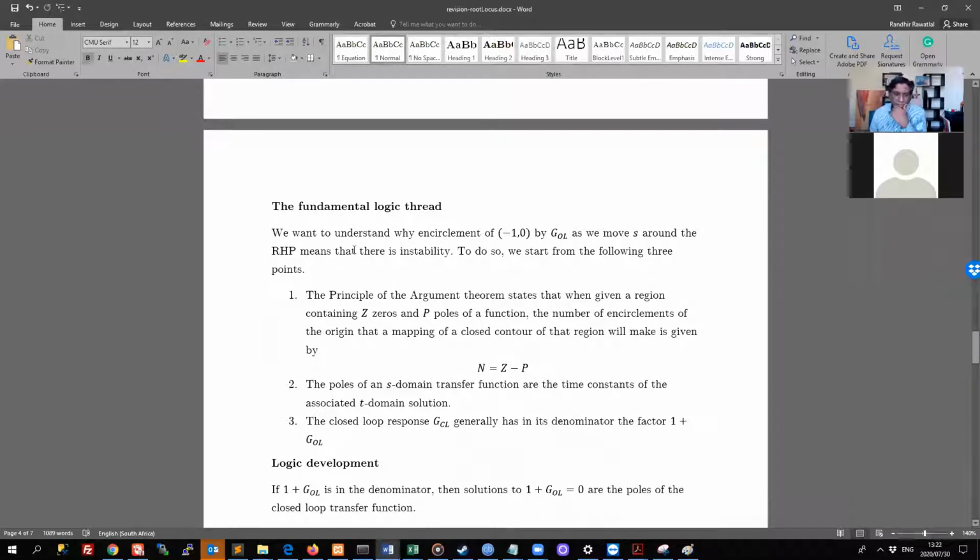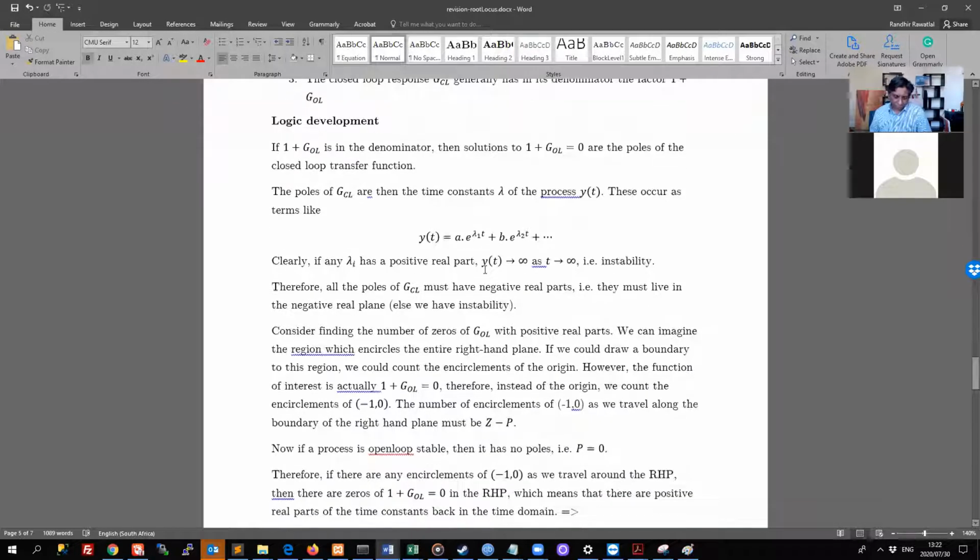So in terms of understanding why encirclement of the -1, 0 point mattered, and in terms of understanding what that meant in terms of the stability of the process, there is a fairly long line of logic that you need to follow.